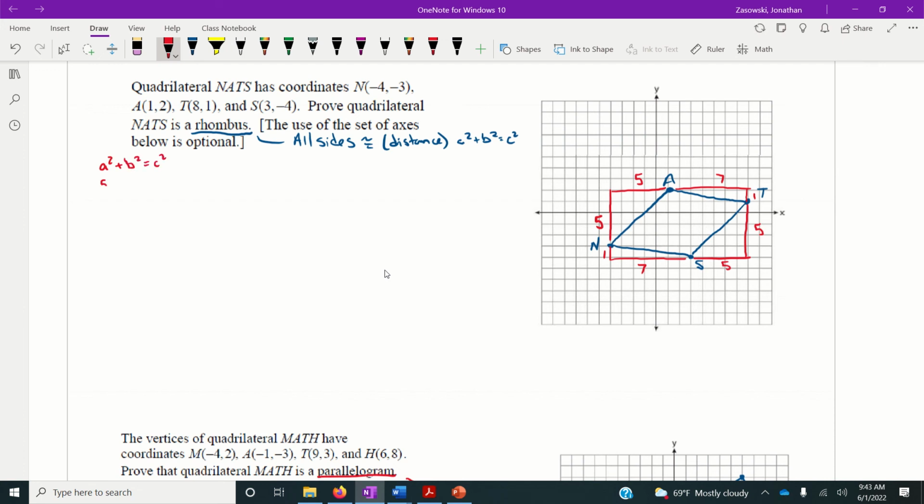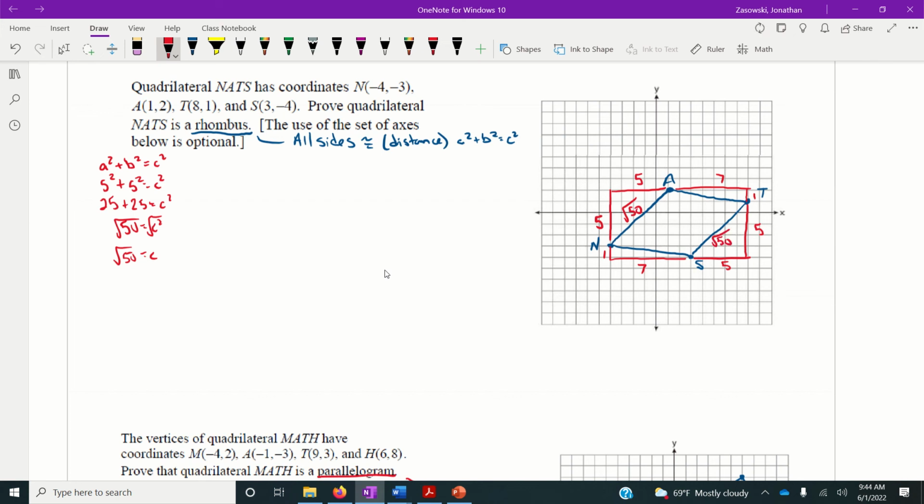So if we plug 5 squared plus 5 squared in, this is going to be 25 plus 25, which is 50. And then the square root of 50 is going to be the length of those sides. So we can imagine that this length is the square root of 50, and this length is also the square root of 50.